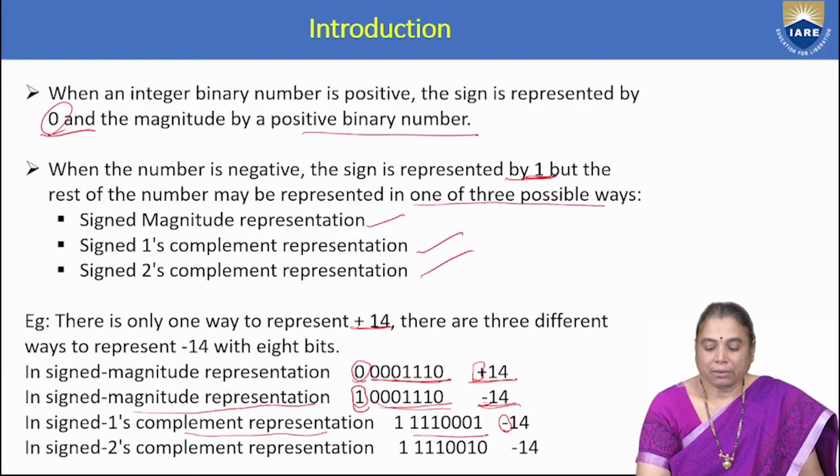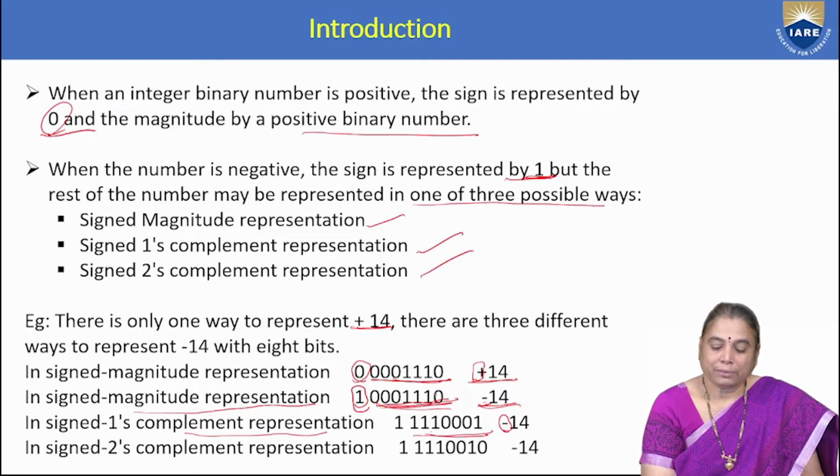In the previous case, the binary equivalent of the decimal number was used directly to represent the magnitude. In the second case, the ones complement of the binary number is represented in the magnitude.